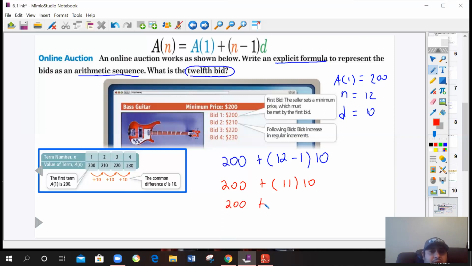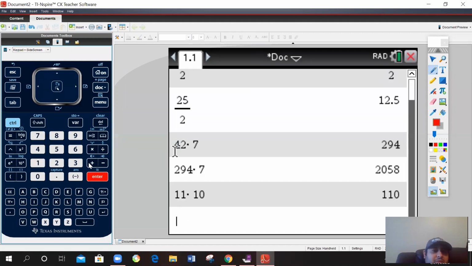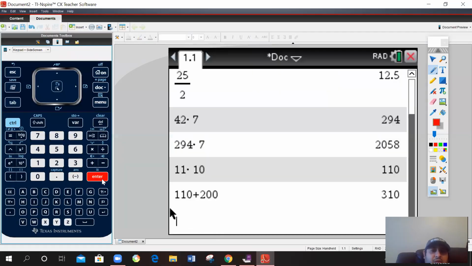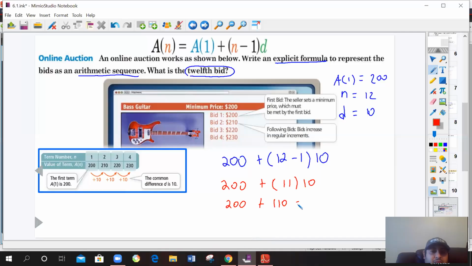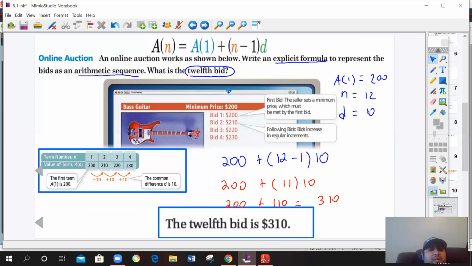So 11 times 10 is 110, plus 200, we have 310. All of this will give us 310, and that's going to be our 12th bid at 310, the value of term 12.